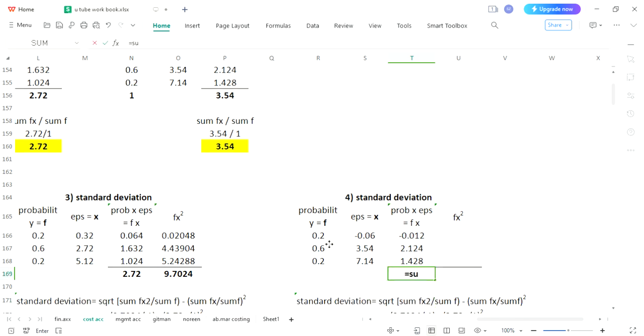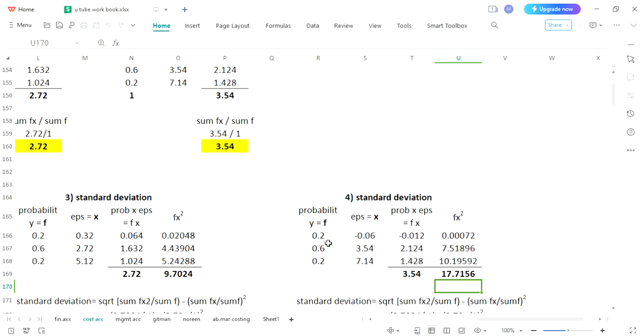Here we will take help from Excel to calculate the sum. 3.54 has arrived, and then fx square is needed. For this, fx would again be multiplied with x. Fx square has been calculated. Take the sum from here.